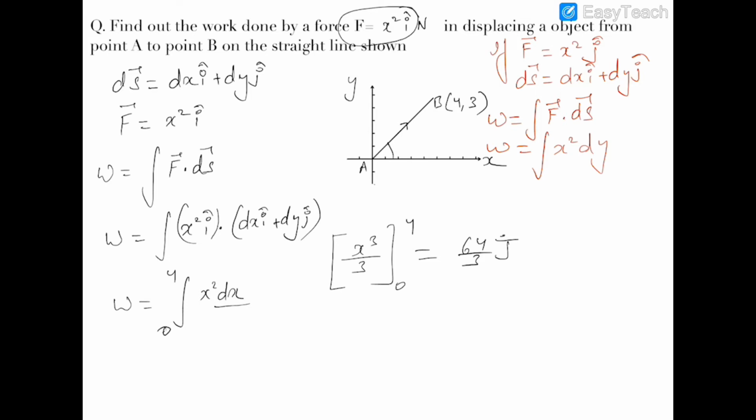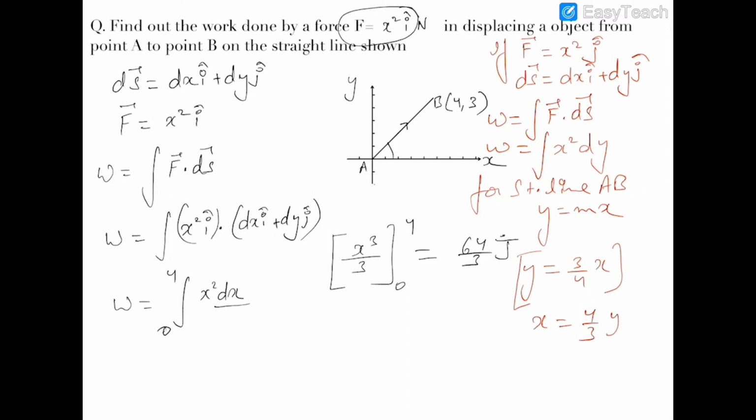Now for this straight line AB, y is equal to mx, where m is the slope, and the slope of this line is y upon x, which is 3 by 4. So x is equal to 4 by 3 of y.